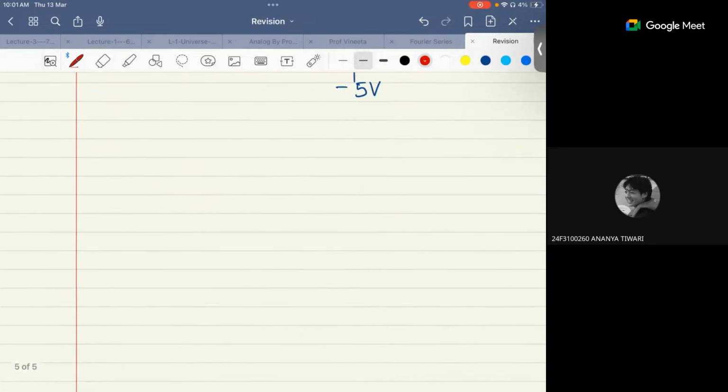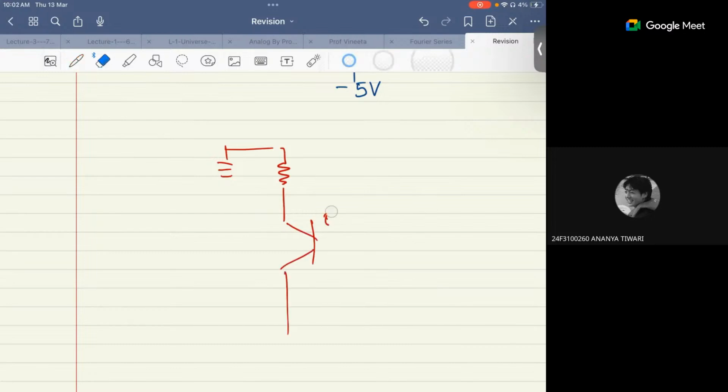This example you have a similar problem. Here the beta has been given as 700.